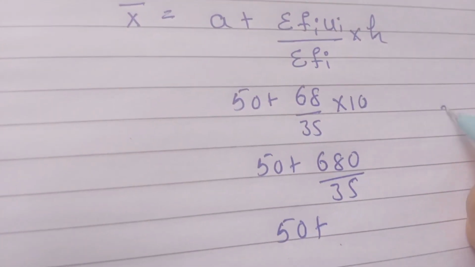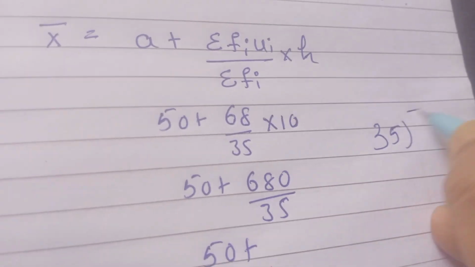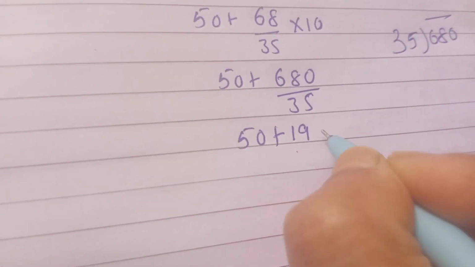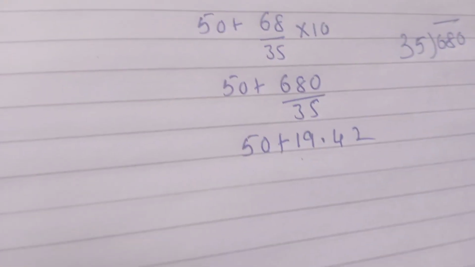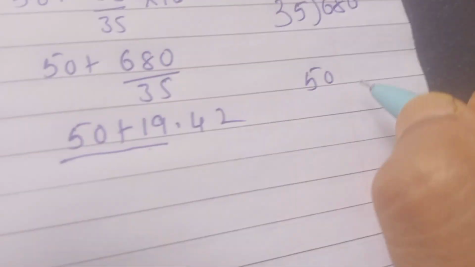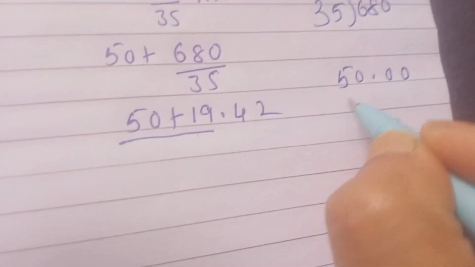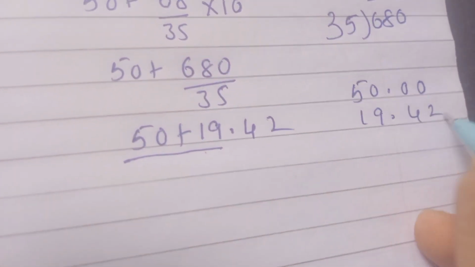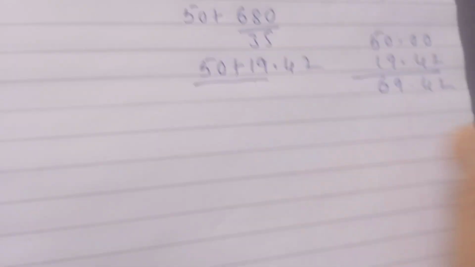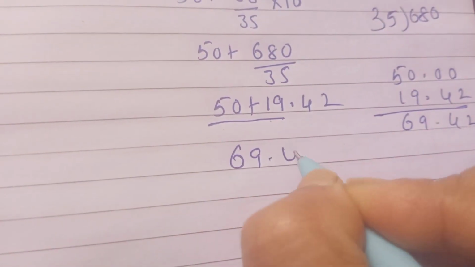If we divide, we get 19.42. 50 plus 19.42, we get 69.42. It is the step deviation method.